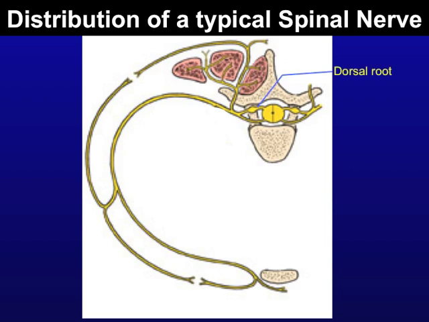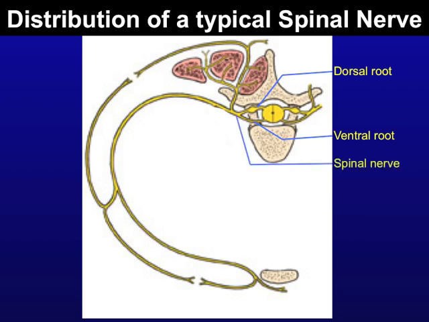Located on the dorsal side of the spinal cord is the dorsal root. Afferent fibers from the periphery are present in this root. Emerging from the ventral side of the spinal cord is the ventral root. Efferent fibers are present in this root.